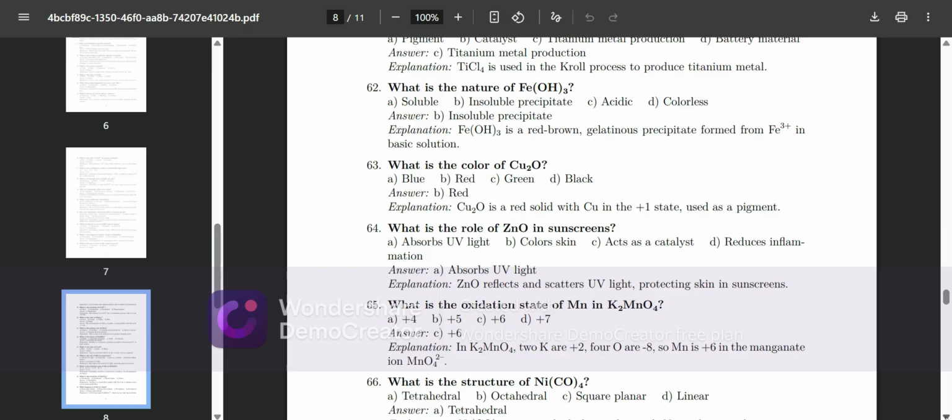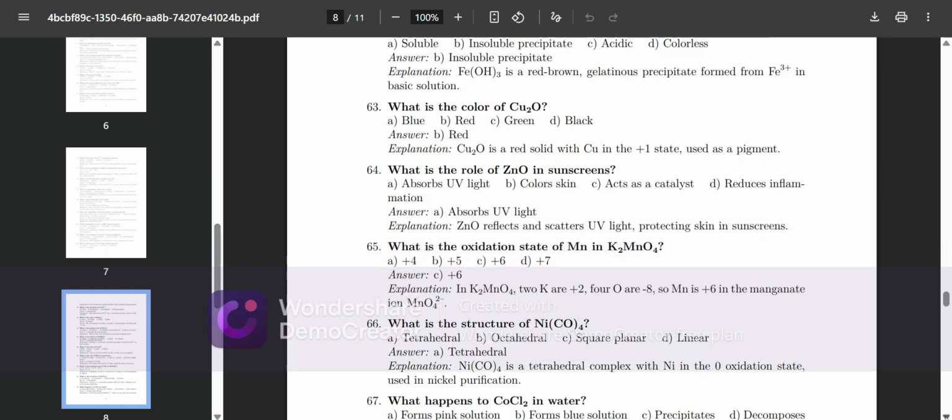What is the oxidation state of Mn in K2MnO4? +6. In K2MnO4, two K give +2 and four O give -8, so Mn is +6 in the manganate ion MnO4 2-.